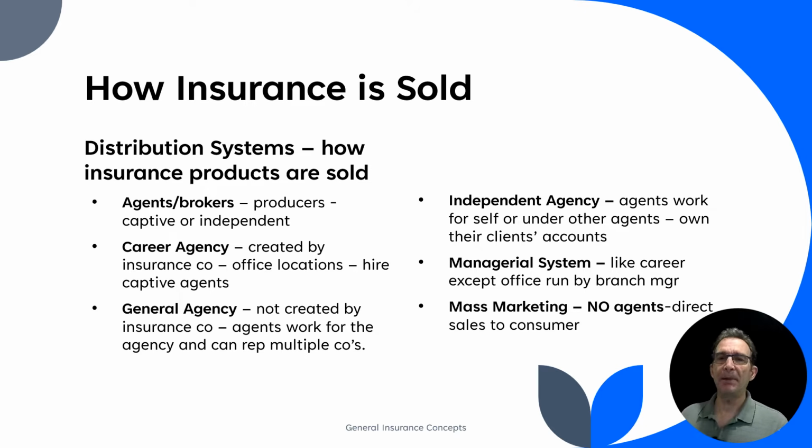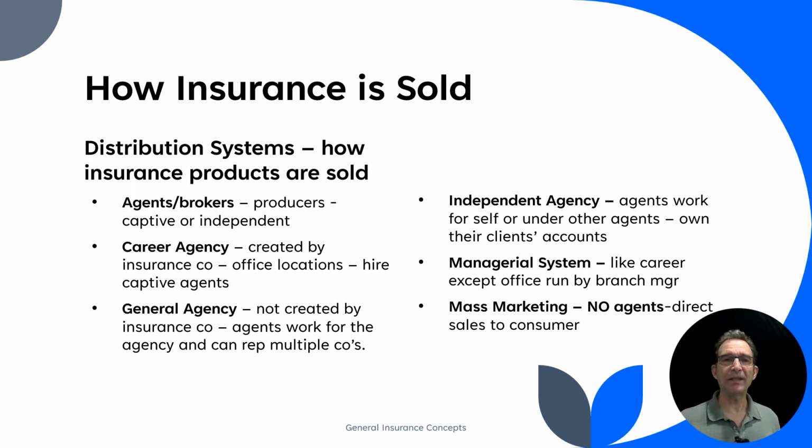Independent means that you are not limited to one product line. And brokers are usually defined as somebody who is able to offer products from different carriers, different insurance companies, and multiple different lines of insurance.